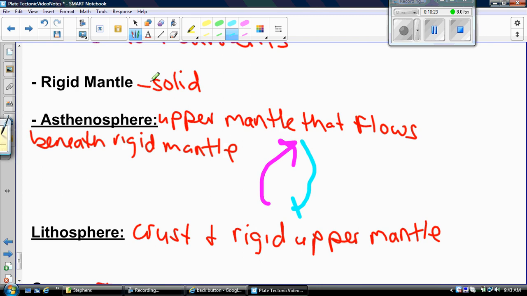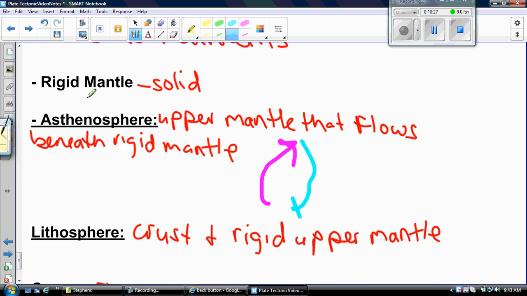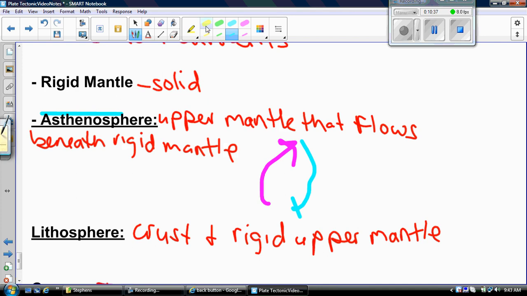Okay, so because we have a liquid layer in the mantle called the asthenosphere, this is what's causing plate movement.